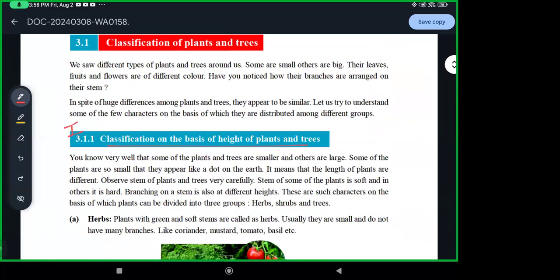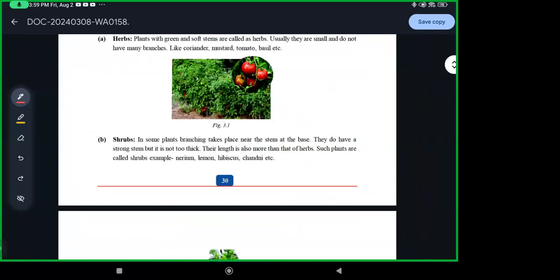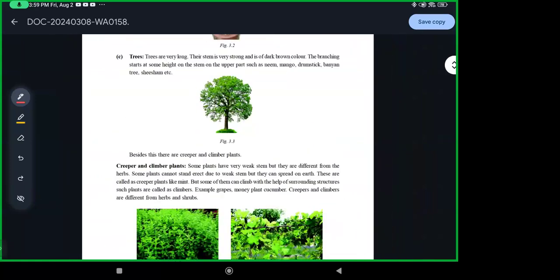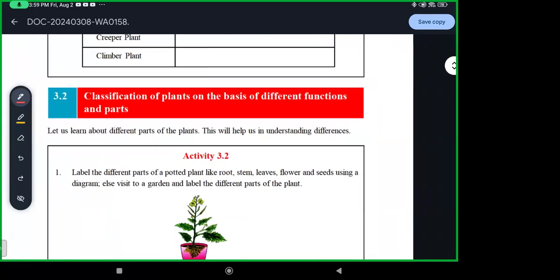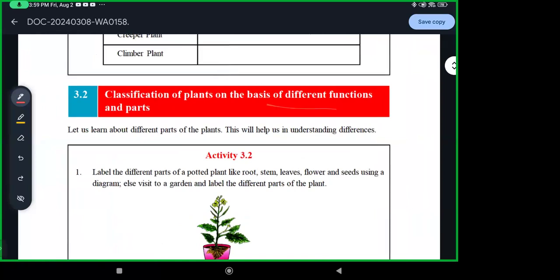Because it was a 6 marks question, a lengthy question, you had to first write there are two types of classifications. First on the basis of height of plants and trees, and the second on the basis of different functions and parts. This is the second type of classification on which plants are classified.